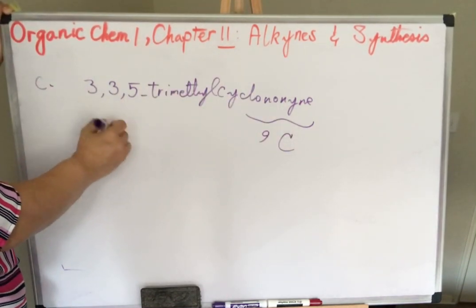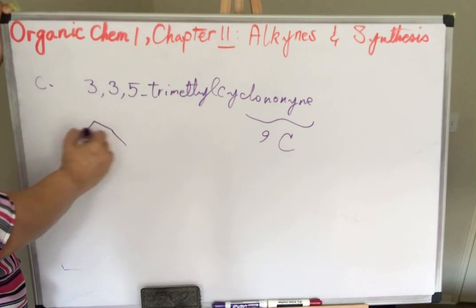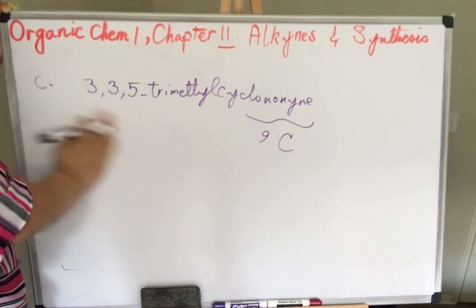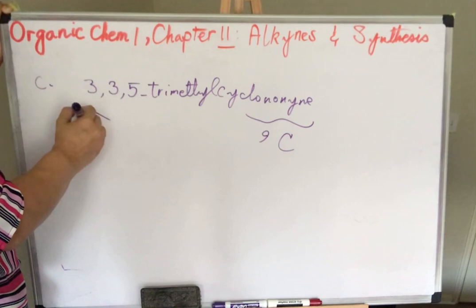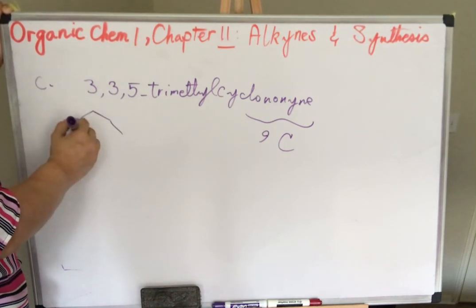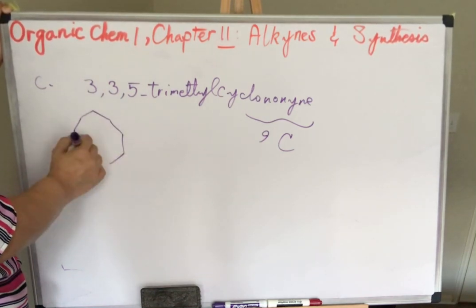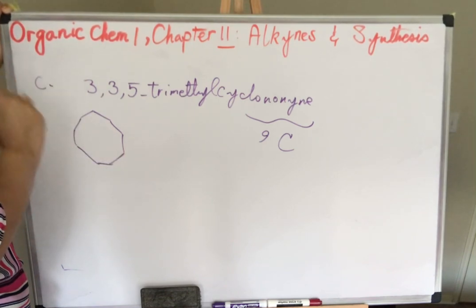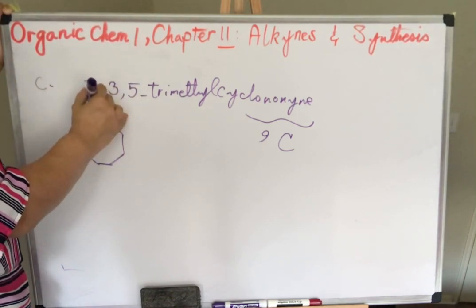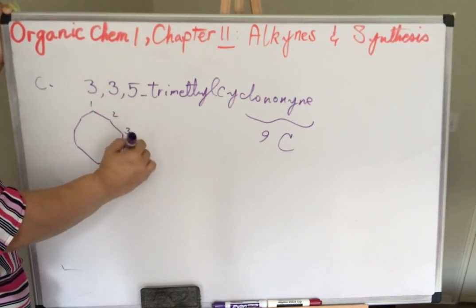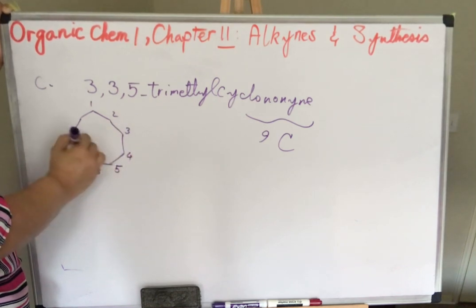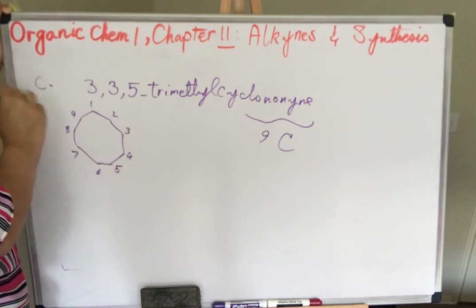So 1, 2, 3, 4, 5. Oops, it looks like a Christmas tree, right? 1, 2, 3, 4, 5, 6, 7, 8, and 9. So let's number them from here. 3, 4, 5, 6, 7, 8, and 9.